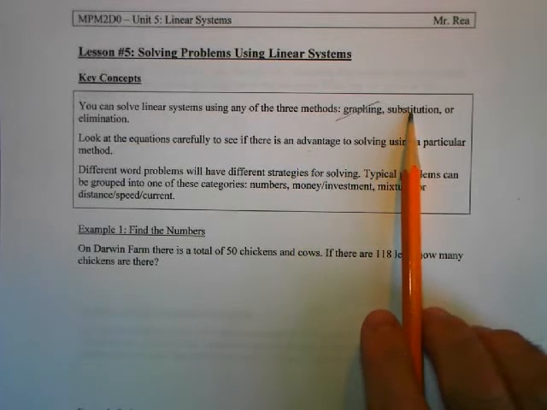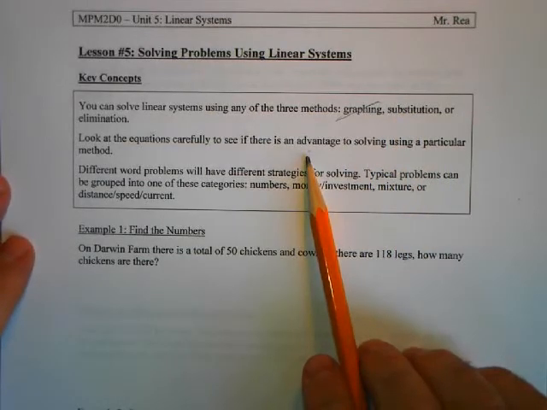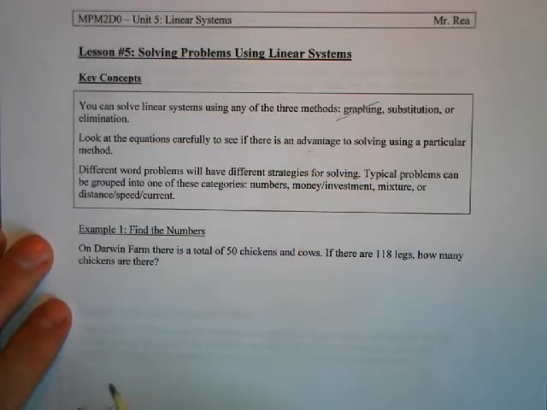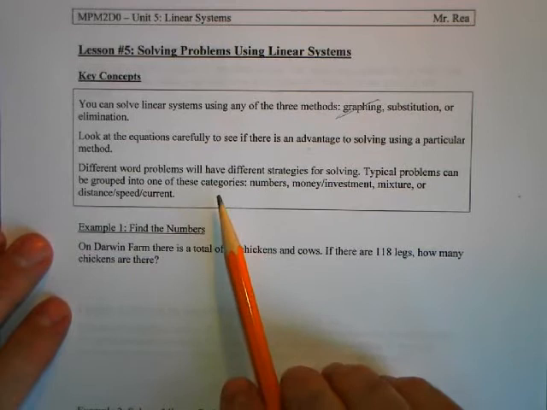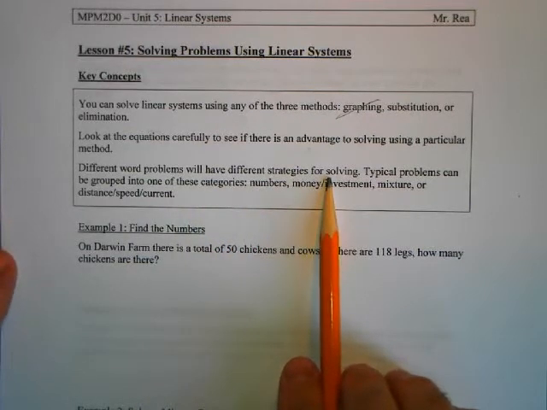I know a lot of students will just do elimination for all of them, and that's fine. But if you see one's set up really nicely to do substitution, go for it. But don't make it more difficult than it has to be. Don't force it to be a substitution if you're going to end up with all sorts of nasty fractions. Different word problems will have different strategies, and we're going to look at each of those.